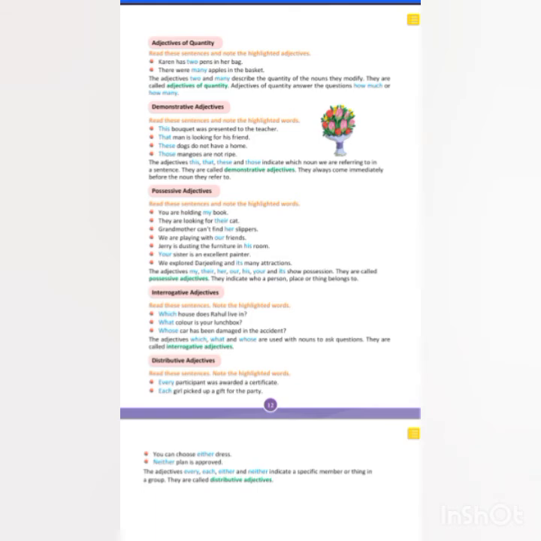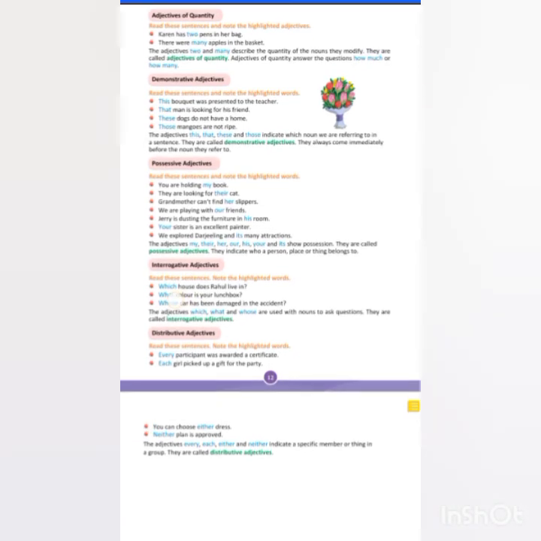Those mangoes are not ripe. So this, that, these, those indicate which noun we are referring to in a sentence. They are called demonstrative adjectives. They always come immediately before the noun they refer to. So yes, they come before the nouns.